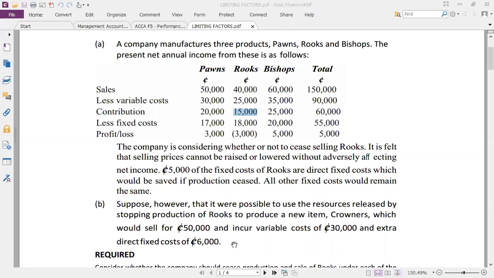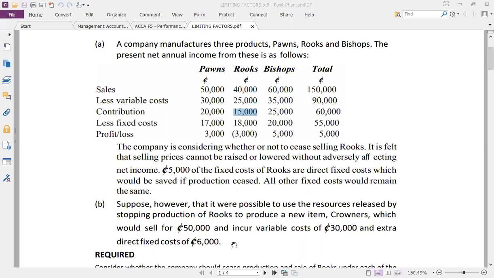Like I said, anytime you are calculating for a shutdown decision, put your mind on the decision that will give us the highest net profit or net gain.